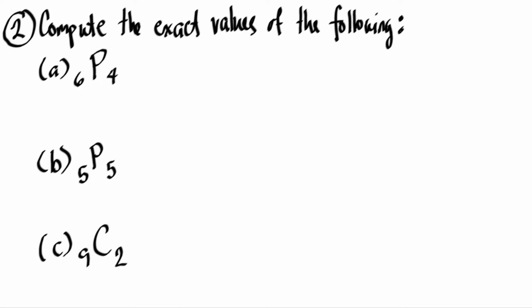Since this is a P, that's permutation, this can be written as 6 factorial all over 6 minus 4 factorial, quantity factorial. So what we have is 6 factorial over 6 minus 4, which is 2 factorial.